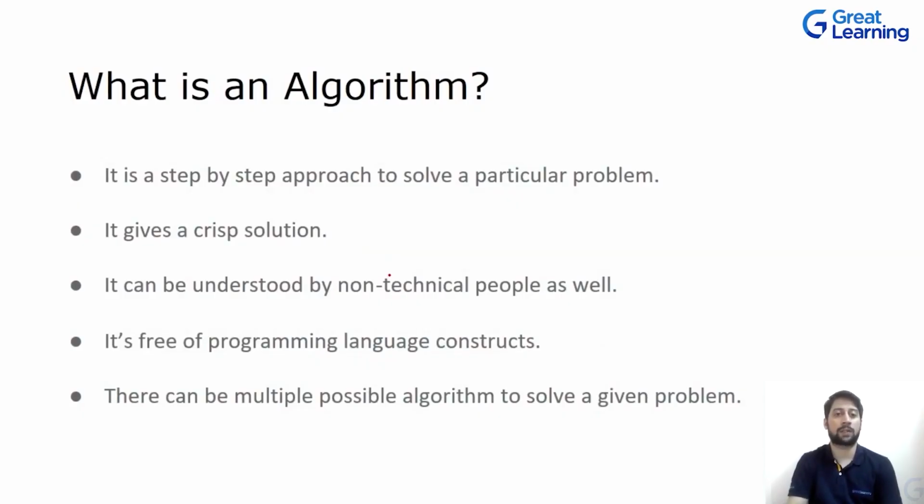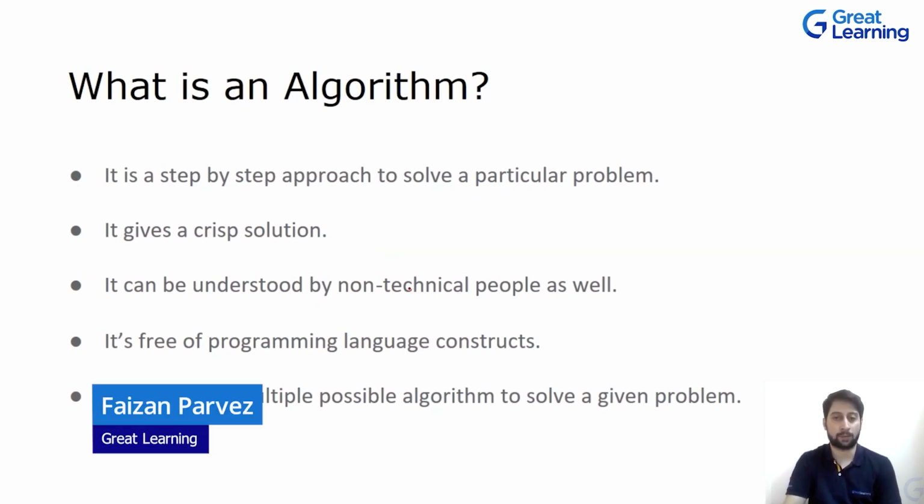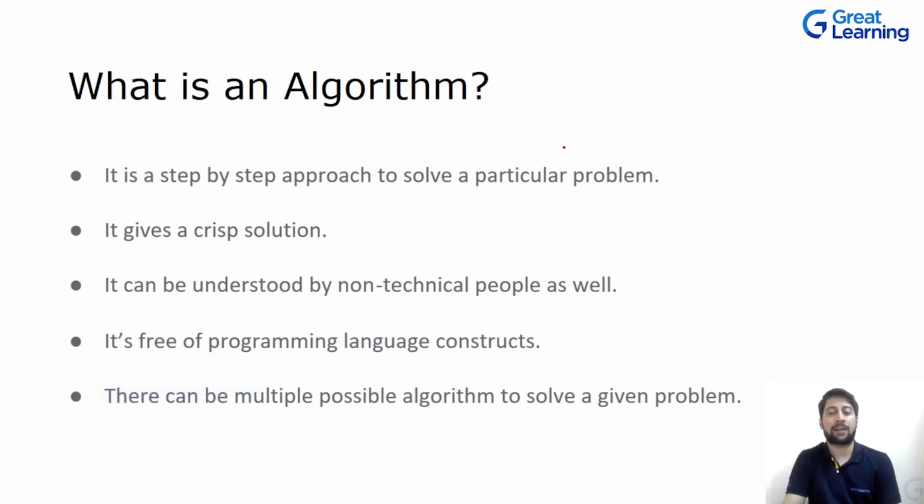Let's try to understand what an algorithm is. It is a step-by-step approach to solve a particular problem. If there is a problem, what are the things that you are going to take care of? The solution that you give should be crisp, right? It should be exactly what is required. If a problem is about swapping two numbers, you should be able to swap two numbers with the most efficient approach.